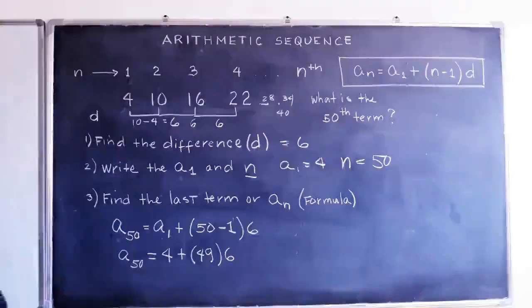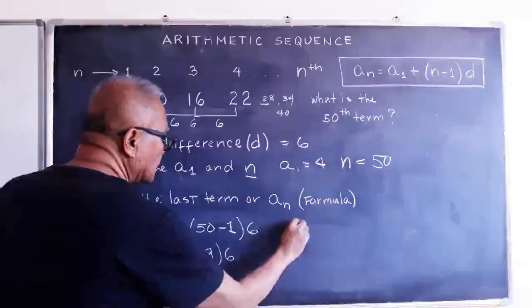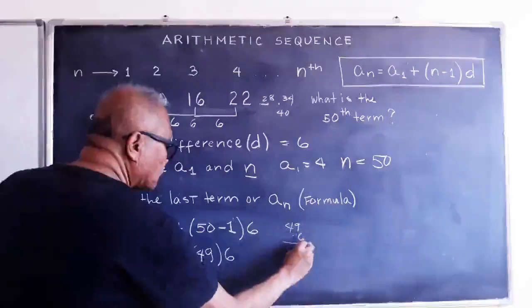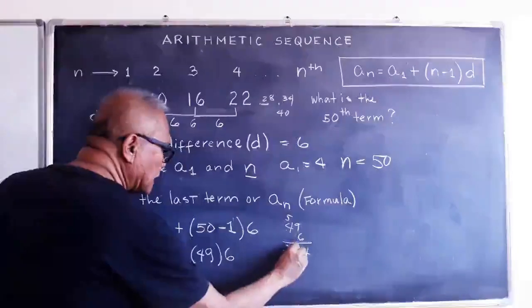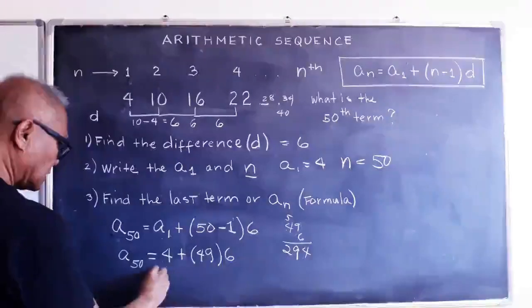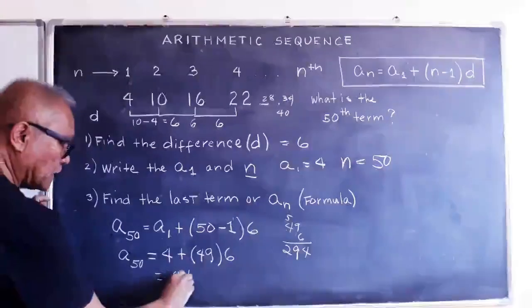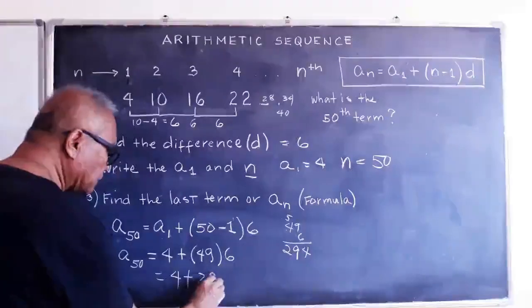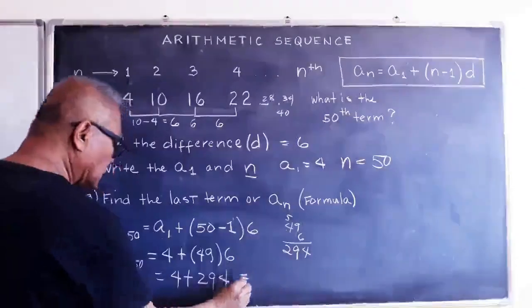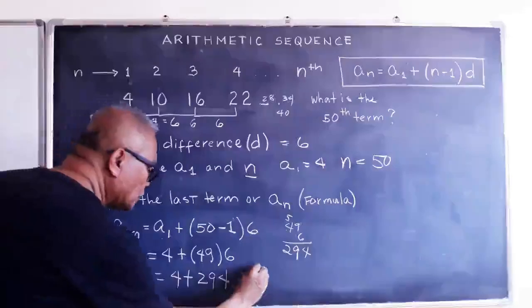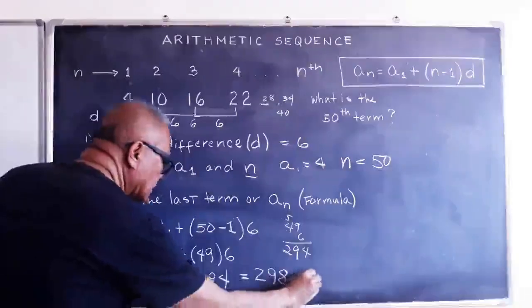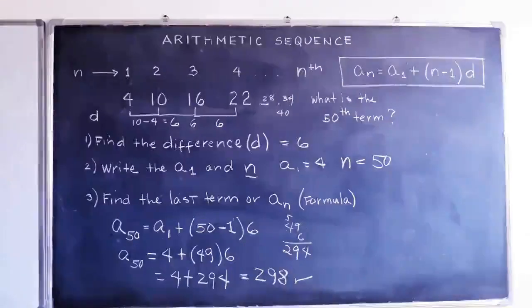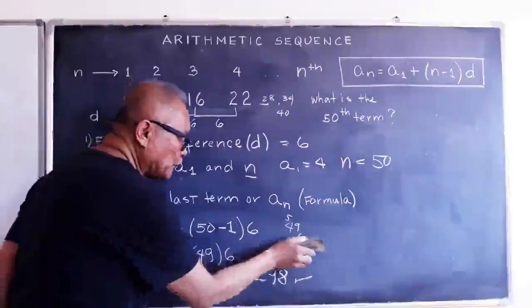So let's have 49 times 6. 6 times 9 is 54, carry 5, 24, 29. So this is equal to 4 plus 294, which is 298. This is our 50th term.